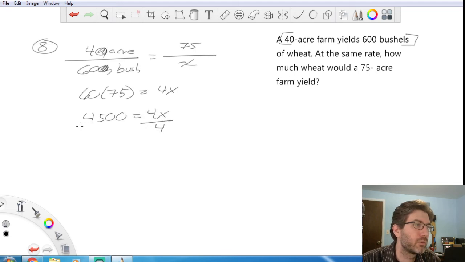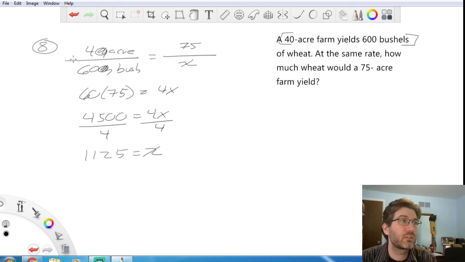Divide that by 4, divide this by 4. Should be getting 1,125 equals x, which makes sense because you're almost doubling this. So if you doubled the 600, then it would be about 1,200. So 1125 bushels.